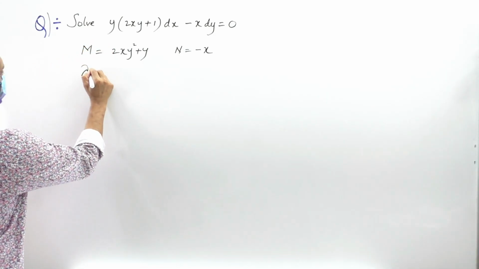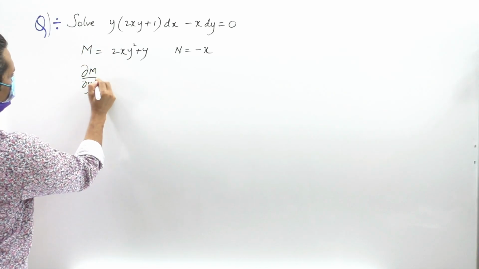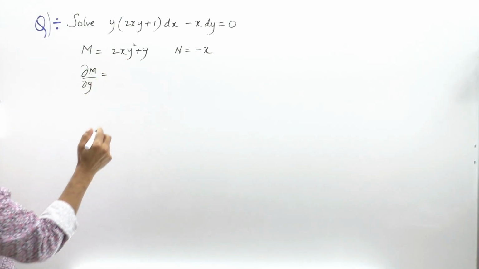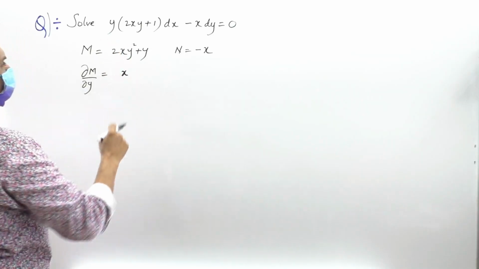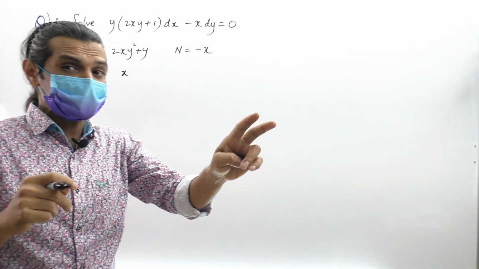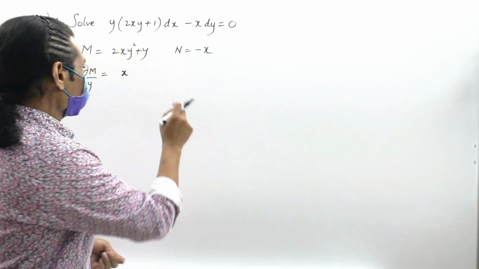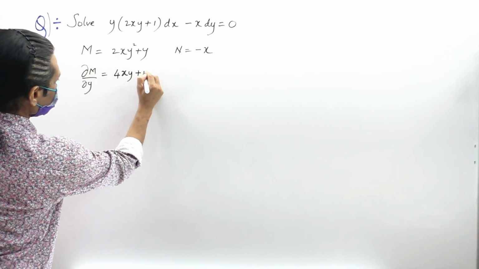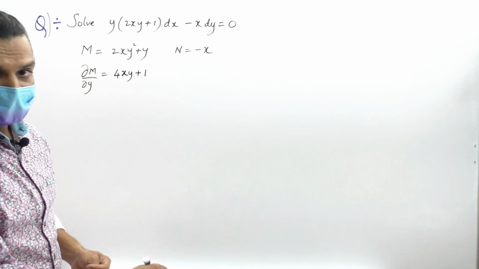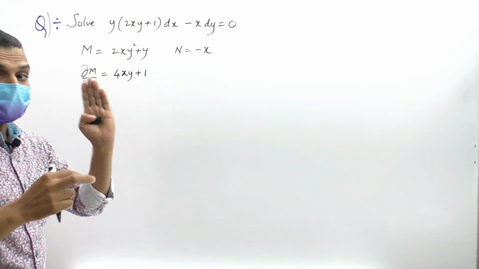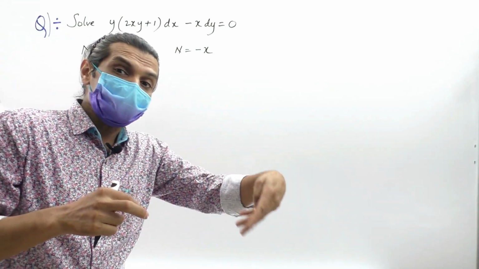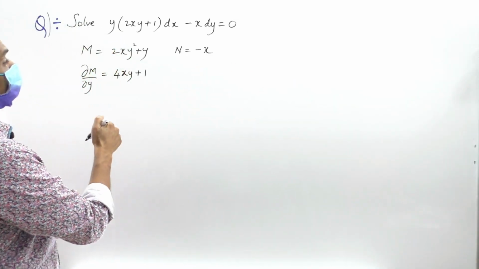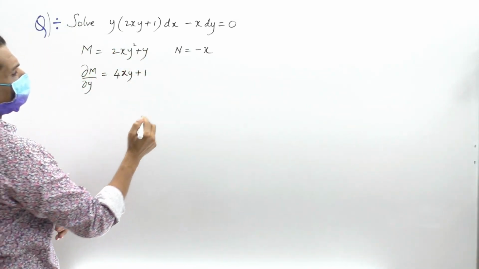Now, dou m by dou y, we need to partially differentiate with respect to y. 2x as it is, the partial differentiation of y square is 2y. 2y into 2x is 4xy, plus the partial differentiation of y is 1.